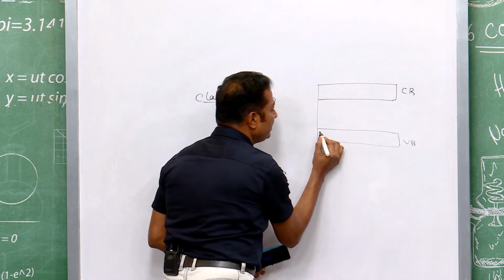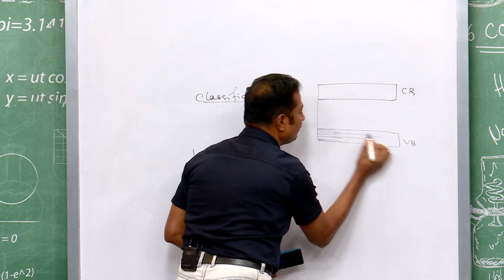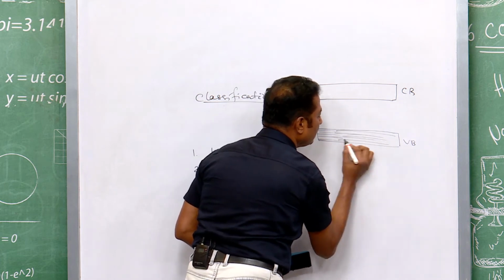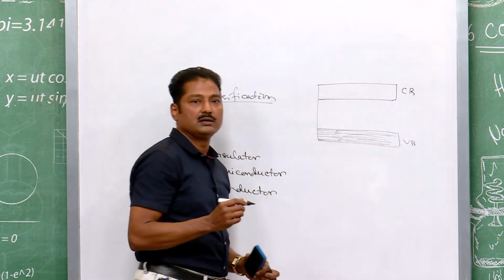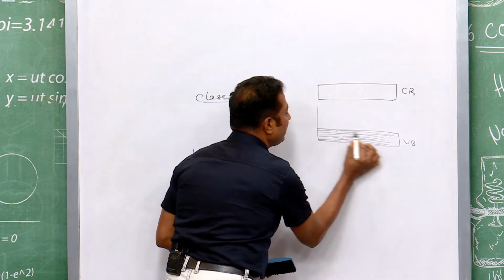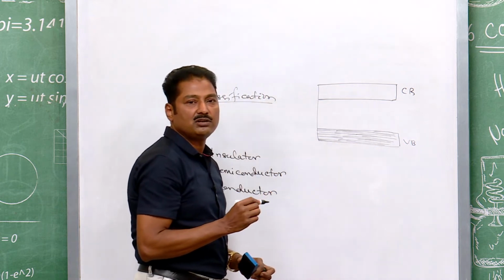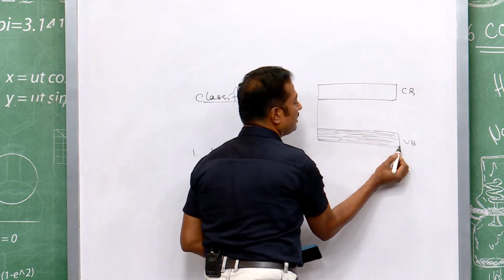The valence band is almost or fully filled, that means the band space is filled by the energy levels, and the conduction band is empty.